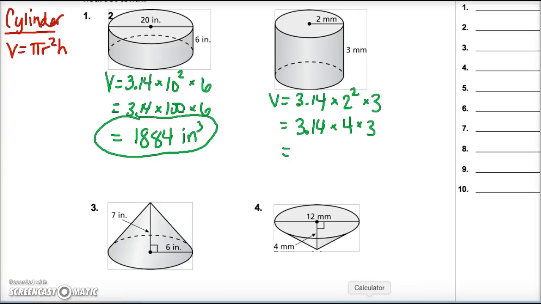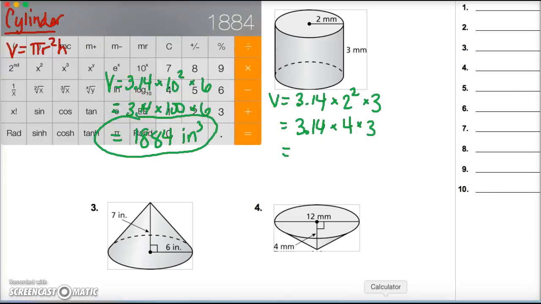On the calculator, 3.14 times 4 times 3 gives you 37.68. But remember, they told us to round to the nearest tenth in the directions. So that 8 tells this 6 to bump up to a 7. So this is going to be 37.7, and our labeling will be millimeters cubed.